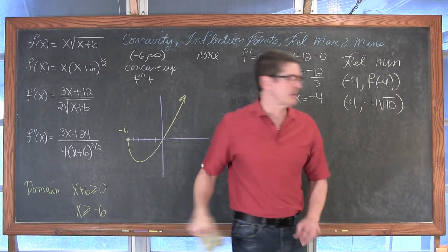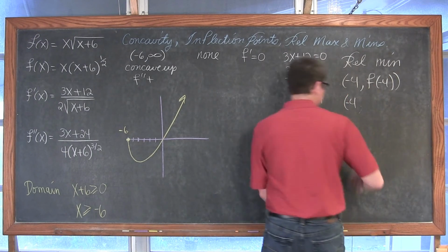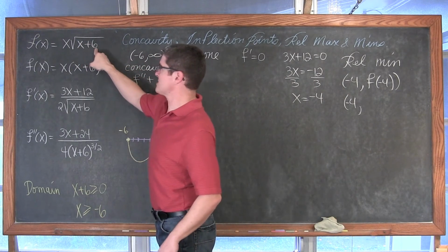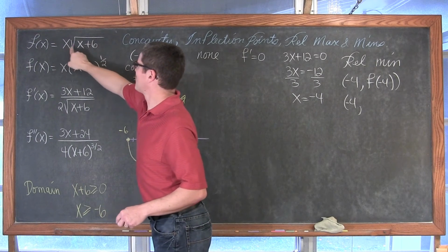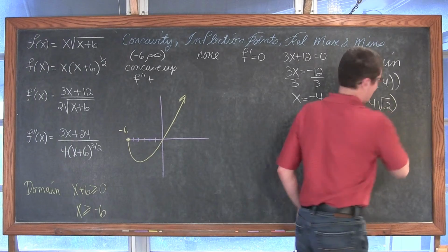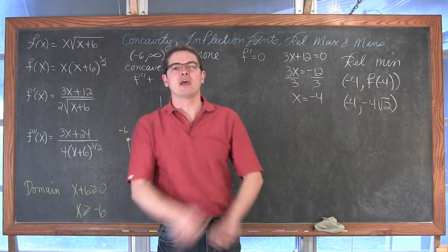Oh, well, that's going to change that answer, isn't it? Let's try that again. -4 plus 6 is 2. And we have -4 square root of 2. Alright, just make sure. Excellent.